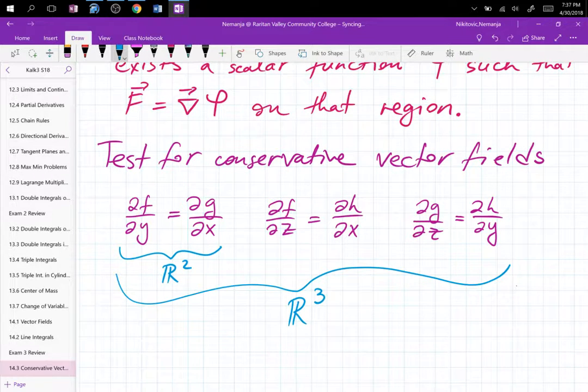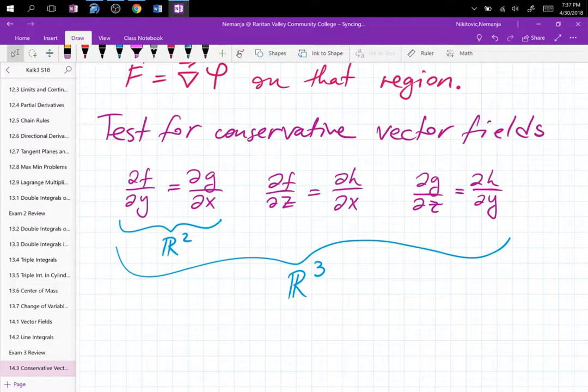They're just combinations of all. So all of the conditions have to apply in order for the vector field to be conservative. If the vector field is conservative, then we have a procedure to figure out the original function which generated that vector field. So we are looking for a potential function, right?